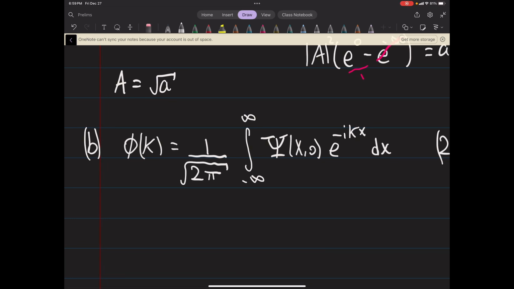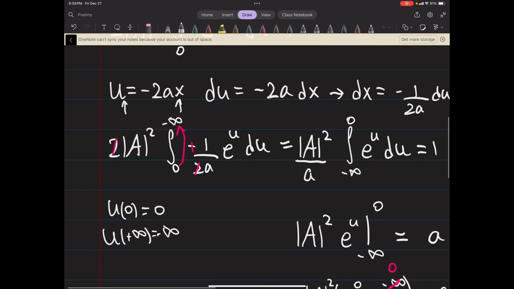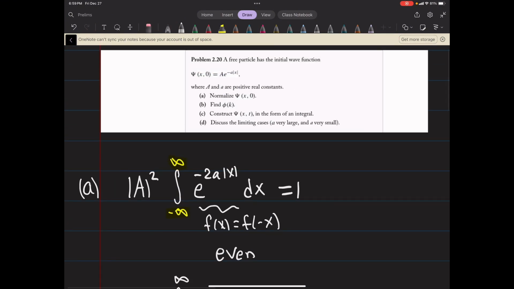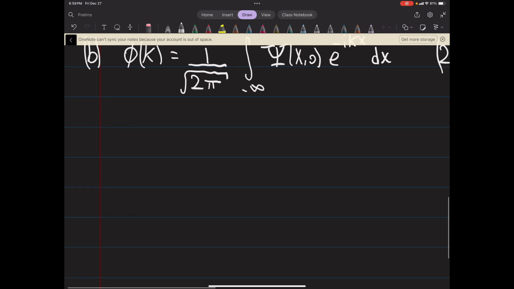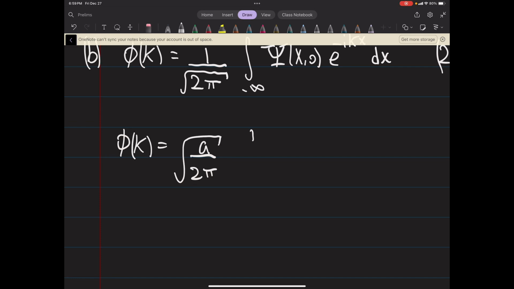Pretty straightforward, we can just plug in. We know what A is, so we plug this into our initial wave function. Our phi of k is then the square root of a over 2 pi, the integral from minus infinity to positive infinity, e to the minus a absolute value x, e to the minus i kx dx.